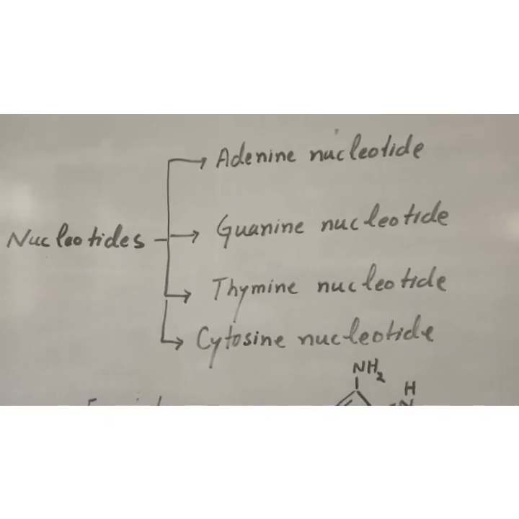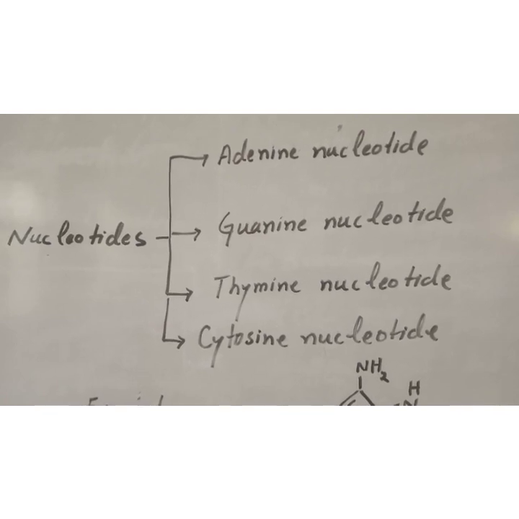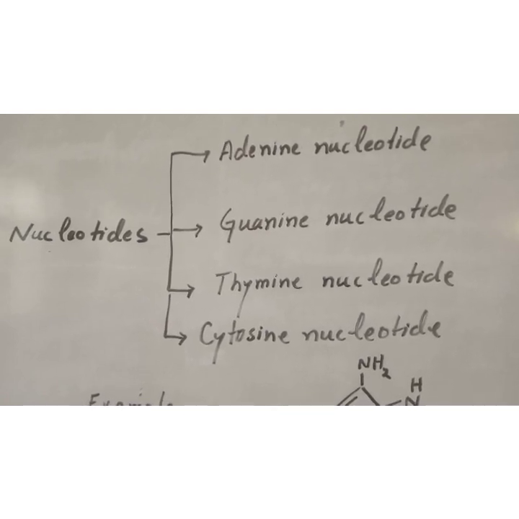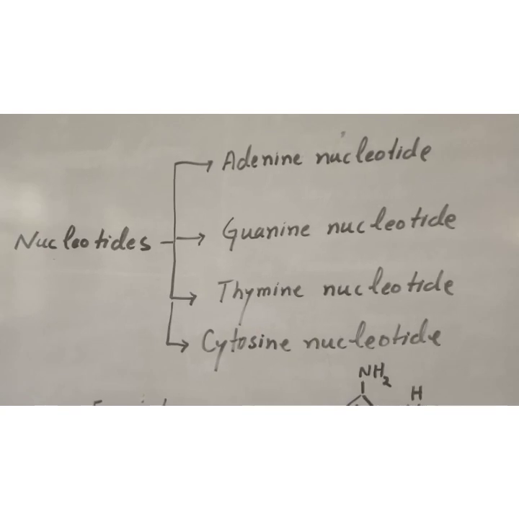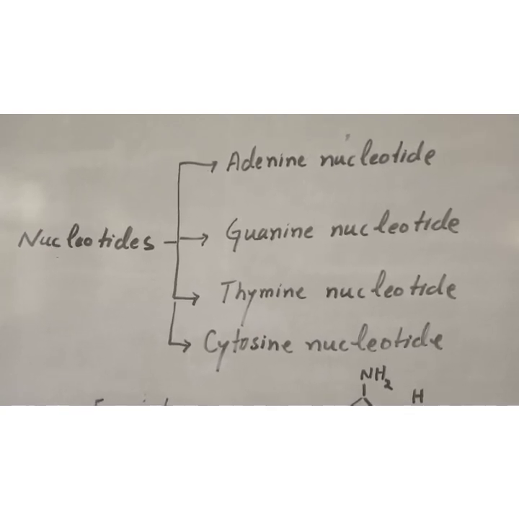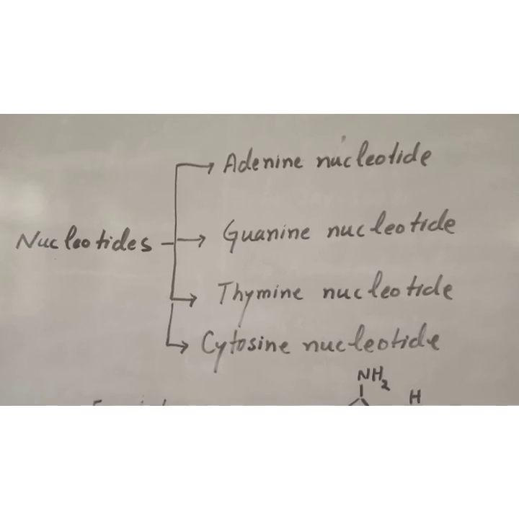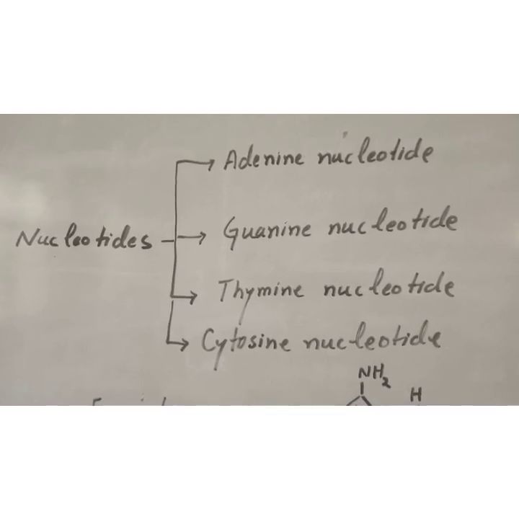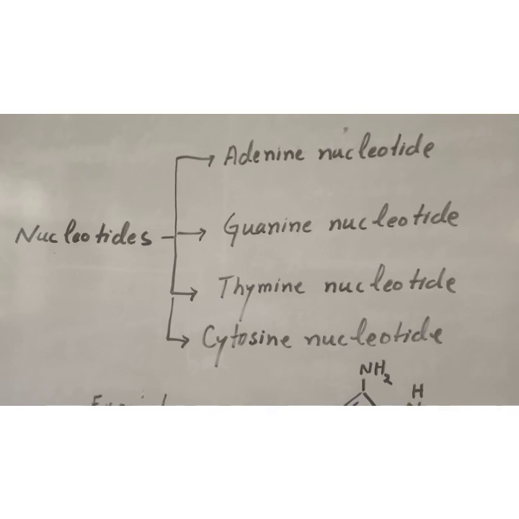So all the 4 nitrogenous bases combine with the pentose sugar and phosphate group to form nucleotides, that are adenine nucleotide, guanine nucleotide, thymine nucleotide and cytosine nucleotide.